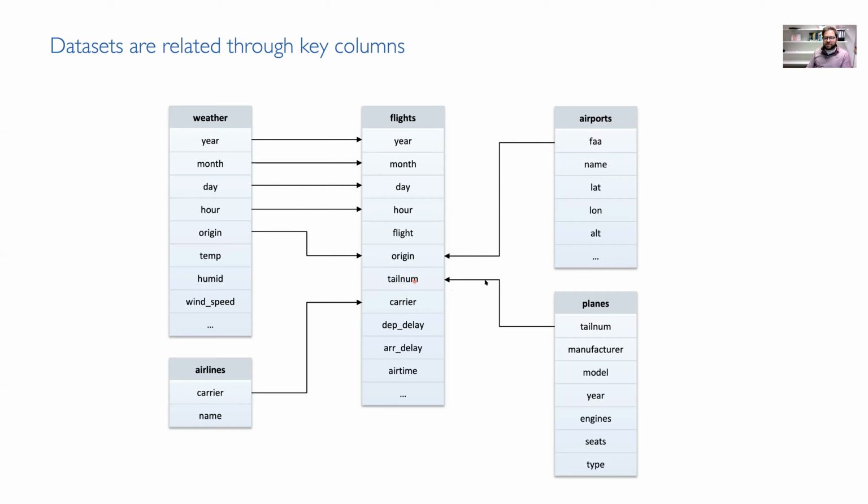For the planes, the tail number is a unique identifier that allows us to look up the plane of our flight in this data set of all planes. And also the same with the airline, we can look up the carrier identifier in another data table and get the name of the carrier.